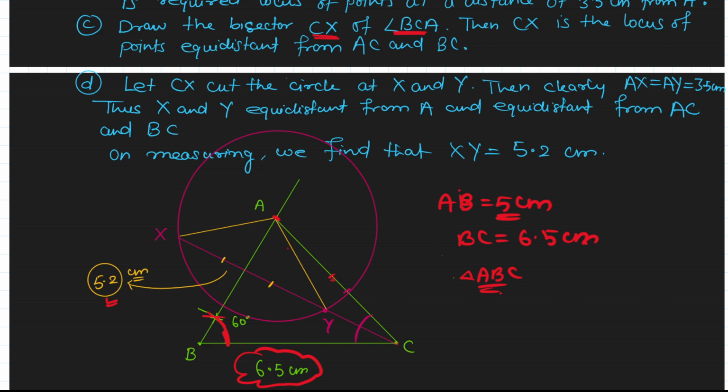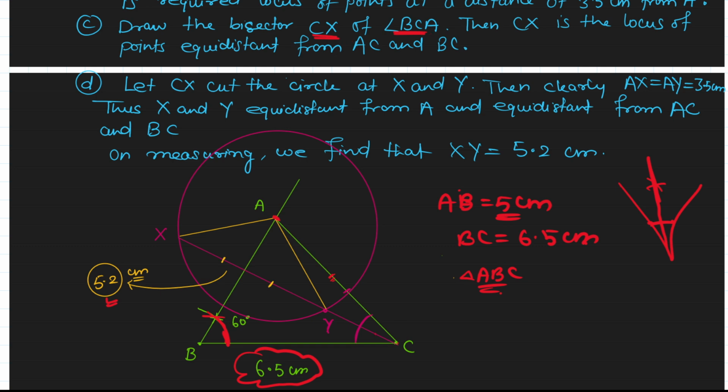How do we draw that angle bisector? Using the compass tip, mark an arc like this, then from the other tip mark another, and this will be the bisector.